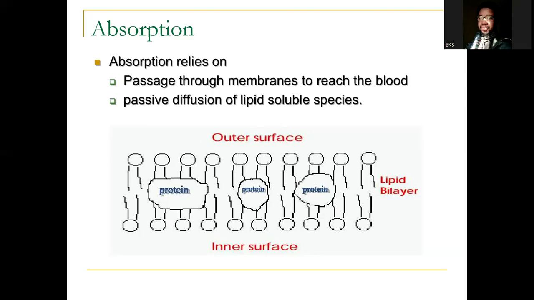Now, the absorption is possible when it's able to pass through the membrane lining of the intestinal mucosal cells. And we have already known the process of the movement of substances in and out of the membrane. How is it controlled?